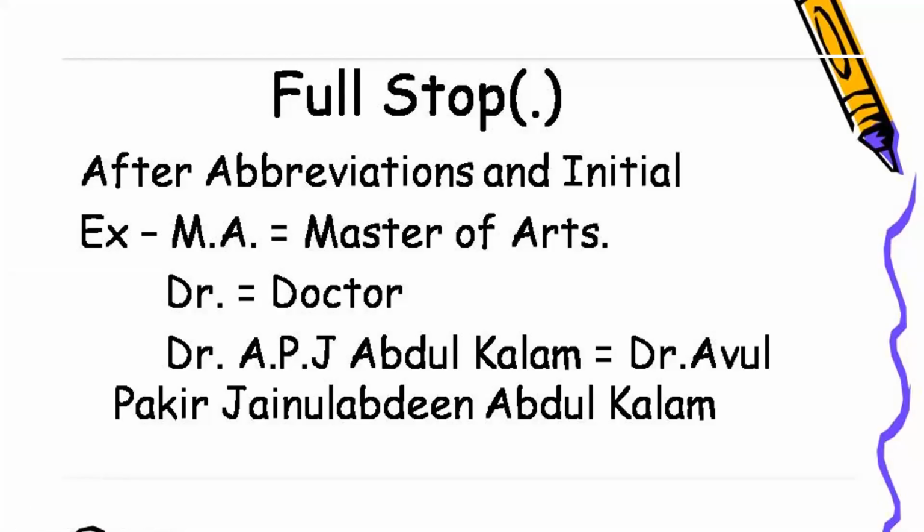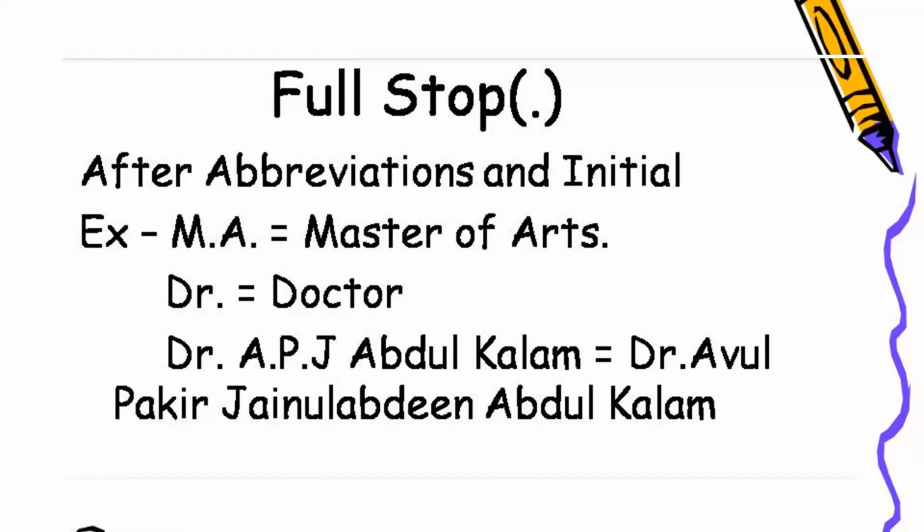Abbreviations are acronyms or short forms, and these abbreviations are generally separated by full stops. Although in modern usage, a lot of people have done away with these full stops.